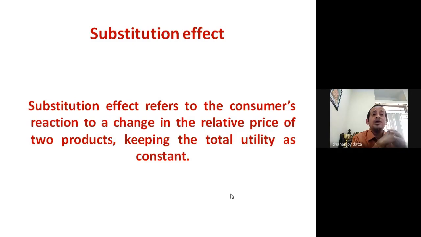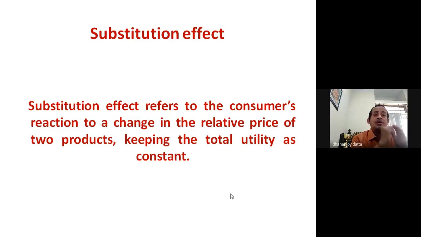Now here we will first understand the relative price. Relative price means, for the same kind of product, or homogeneous or similar category of products, if the price changes, say for example the price of one product decreases, that will affect the demand for the other product.